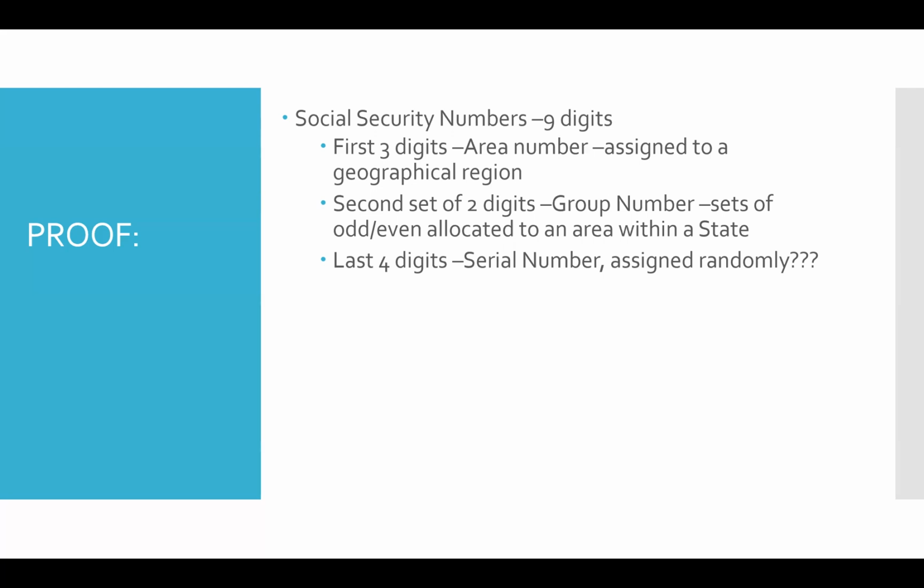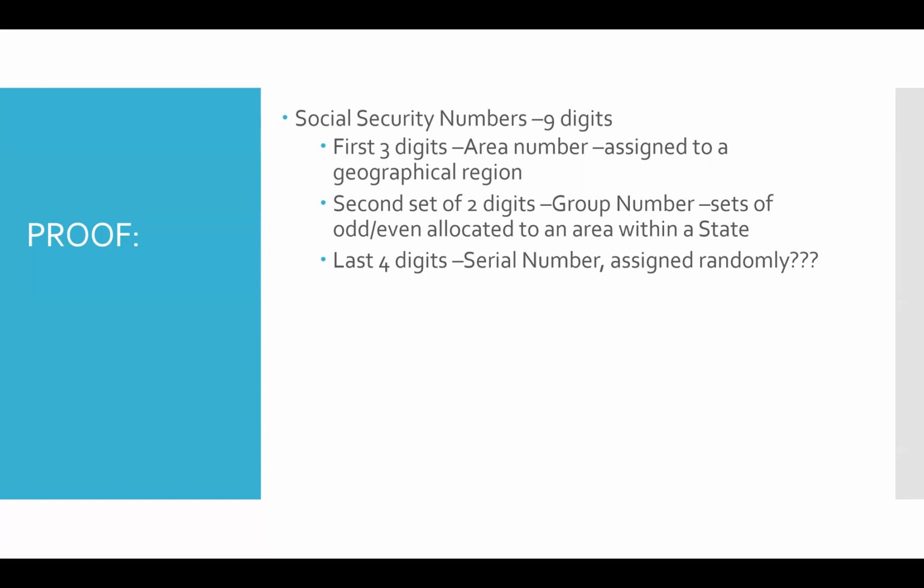The second 2 digits are what they call a group number. And that has to do something with evens and odds that are allocated to a specific area or region of a state. So you go from having a region of the country to a region or an area of the state.